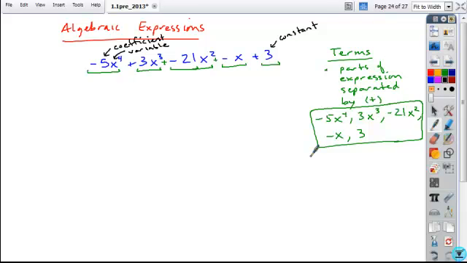Okay, now with respect to the terms, you might be asked to identify the degree of a term.